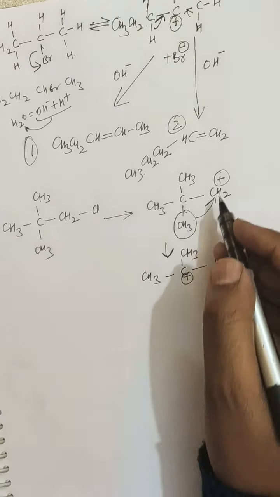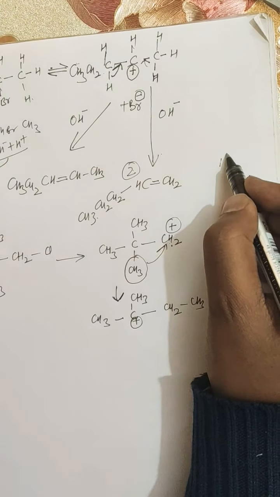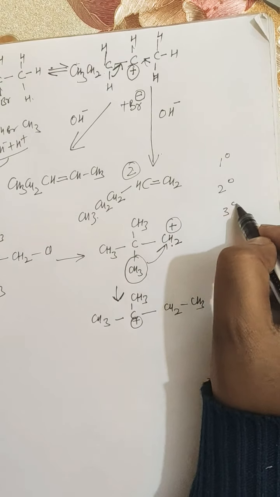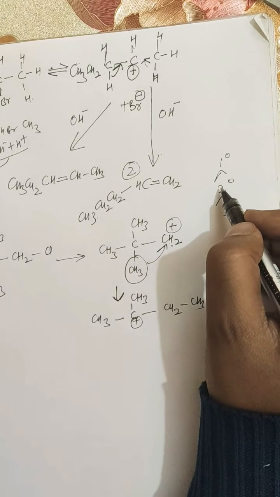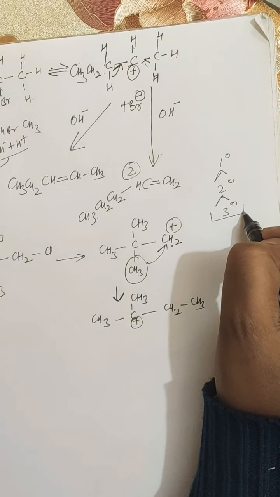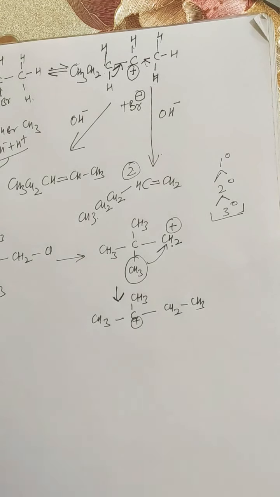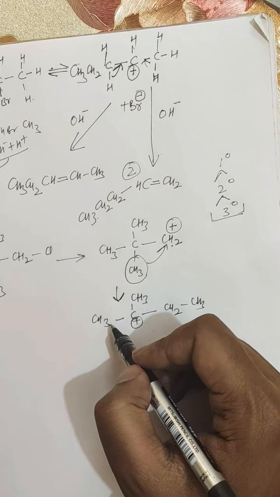a tertiary carbocation. This is primary, and I told you earlier in the initial lectures that out of primary, secondary and tertiary carbocations, tertiary is most stable as compared to secondary, and then to primary. Tertiary carbocation is that carbocation which is attached to three other carbons.